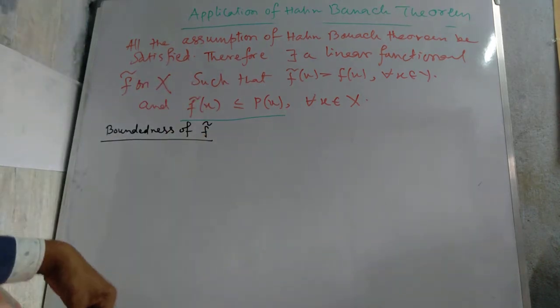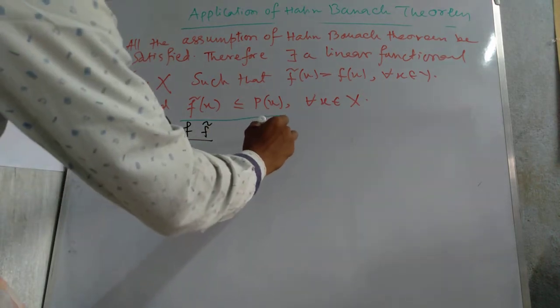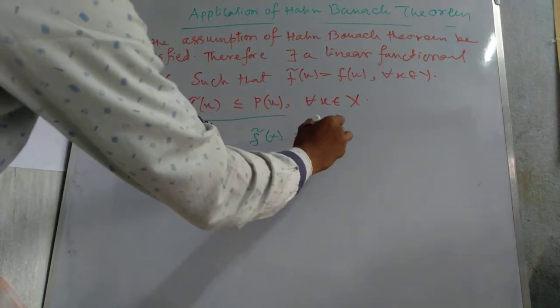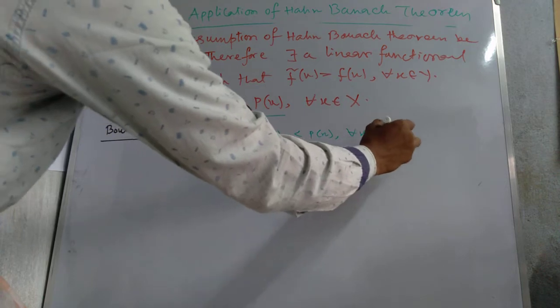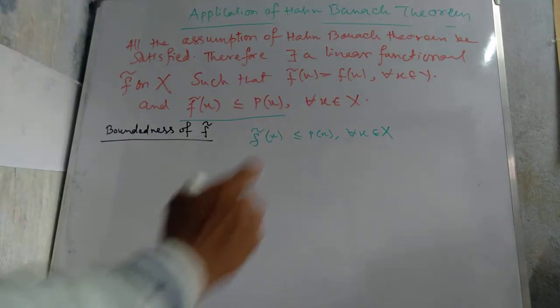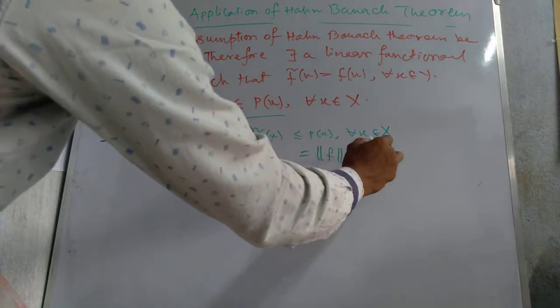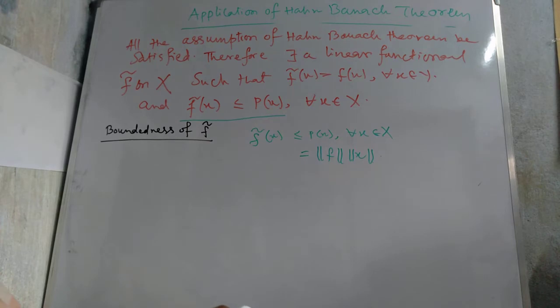How do we discuss it easily? We know that f tilde(x) is less than or equal to p(x) by the Hahn Banach theorem. We use the Hahn Banach theorem here, and we defined p(x) in this way, so we get this one.